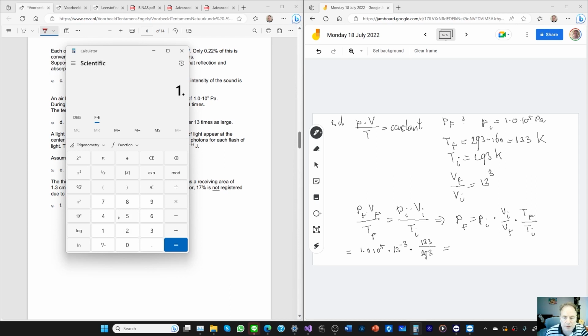So 1.0 times 10 to the power 5 and times, I'll put parentheses just in case, 13 to the power negative 3, times 133 divided by 293.